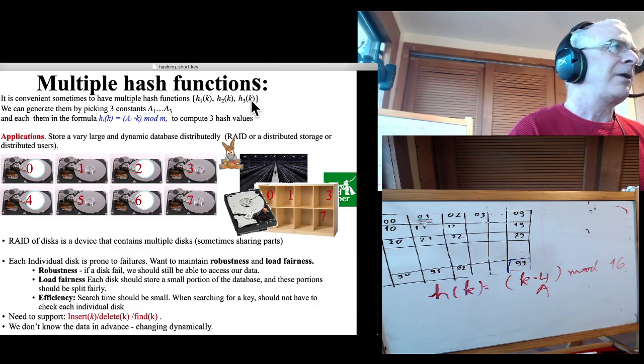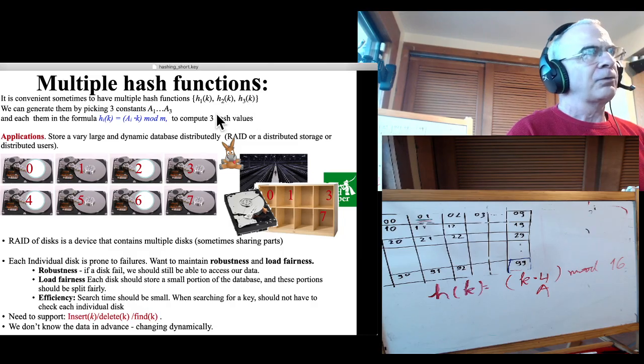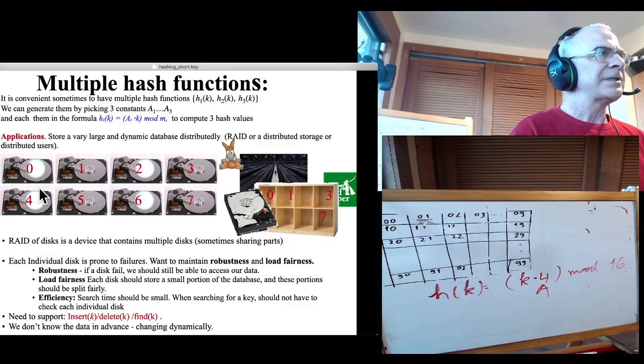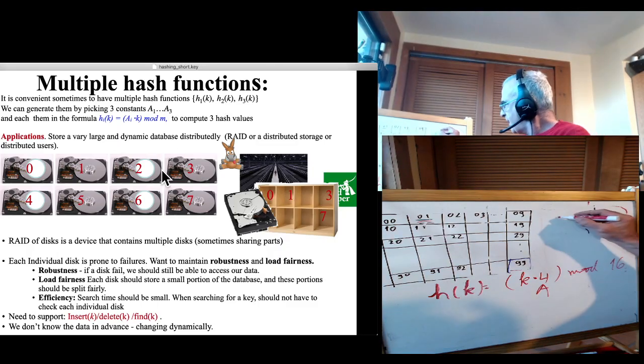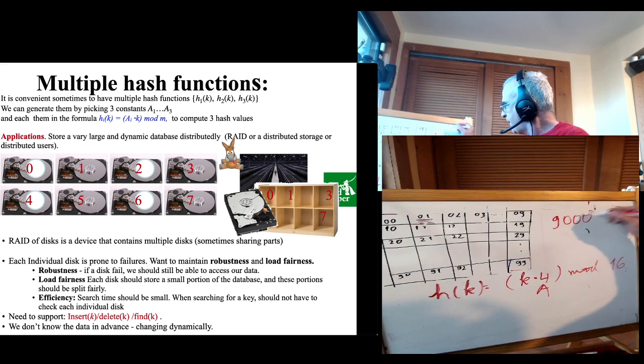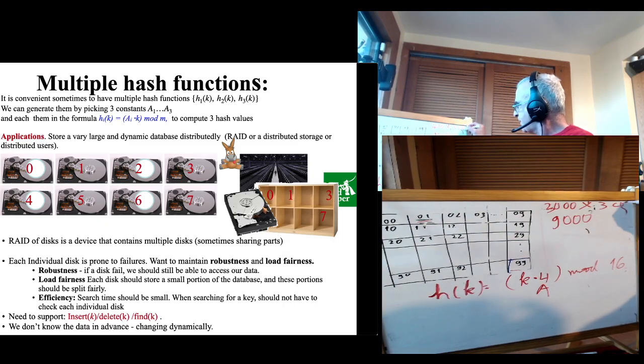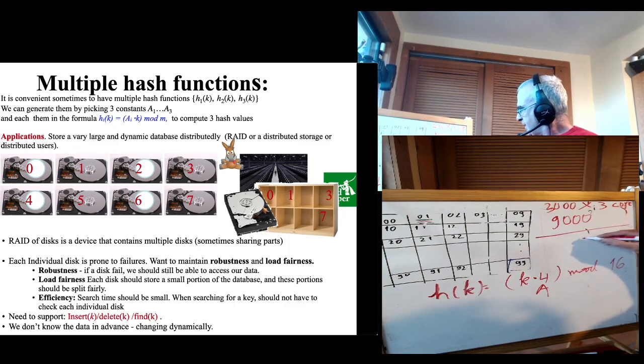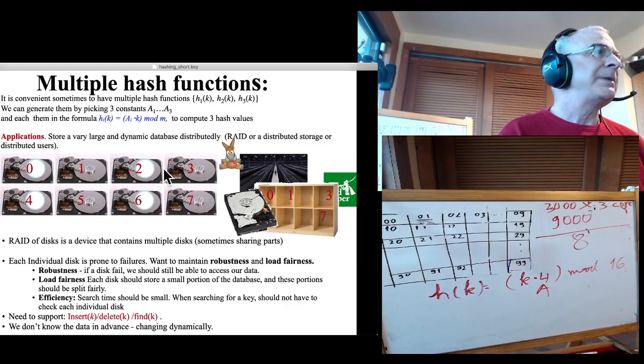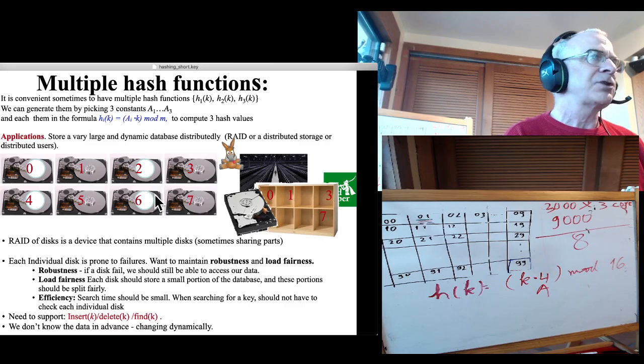If you have 3,000 songs, and you want to store every song 3 times out of 8 cells, then it will be 3,000 songs times 3 copies that I want each one to store, all of it divided by 8. That would be the average number of songs that each one will have.